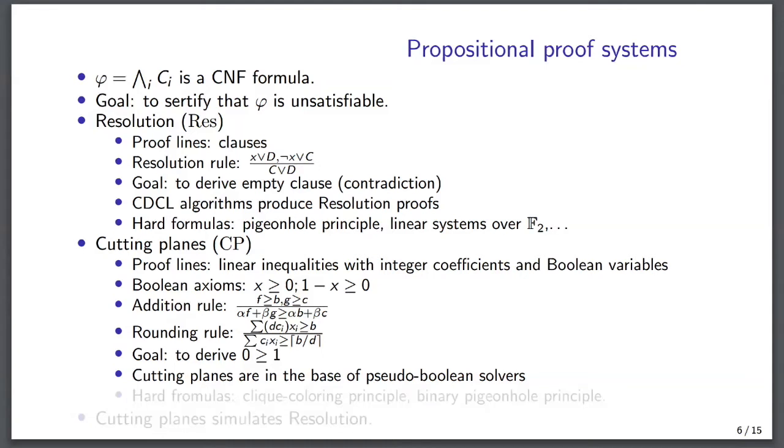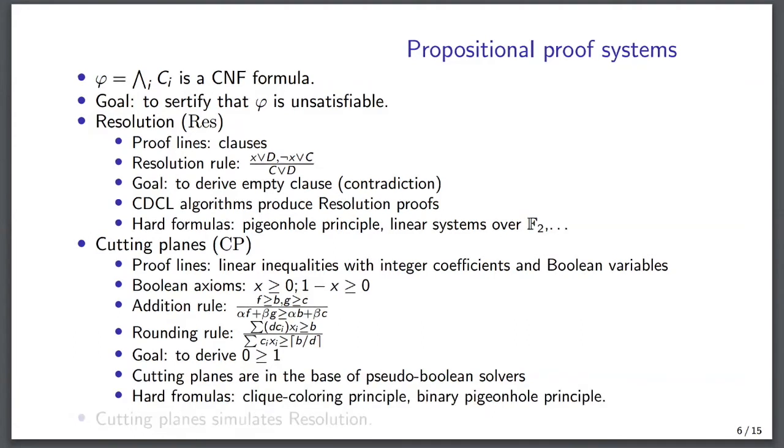The formulas that are hard for resolution, which I mentioned here, are more or less easy for cutting planes. The pigeonhole principle is easy. For linear systems, there are quasi-polynomial proofs in cutting planes. This is a rather recent result. But there are also known hard formulas.